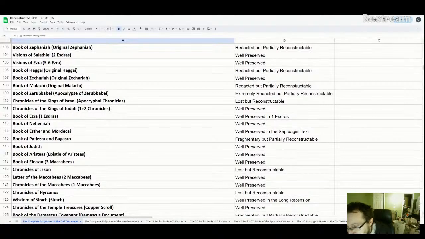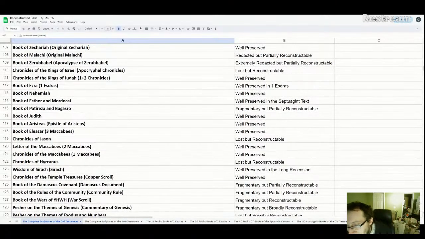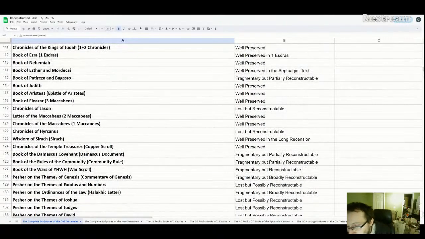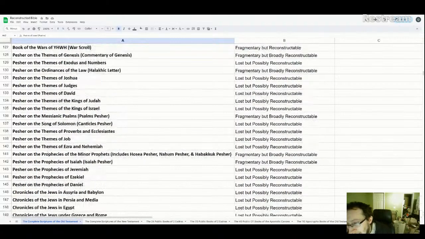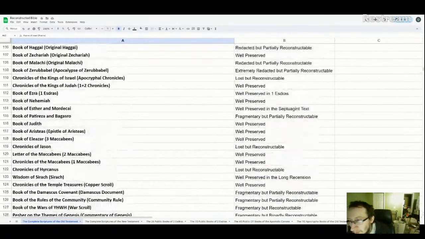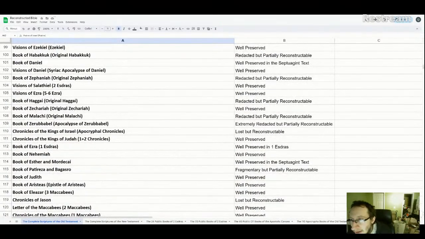We got Judith, Patariza. These are all ones that we'll be talking about. Maccabees books, and then we'll also be finishing with Dead Sea Scroll writings specific to the Dead Sea Scroll community. So we will be checking that out later.